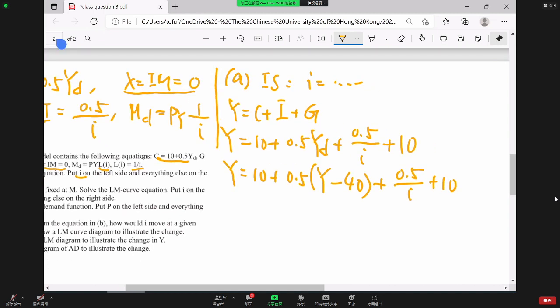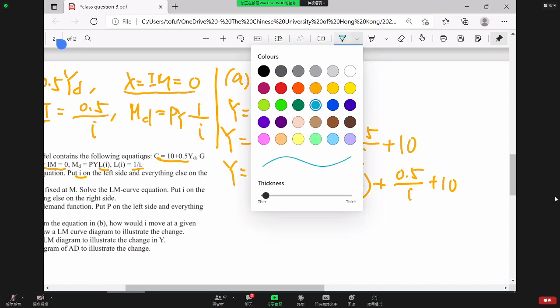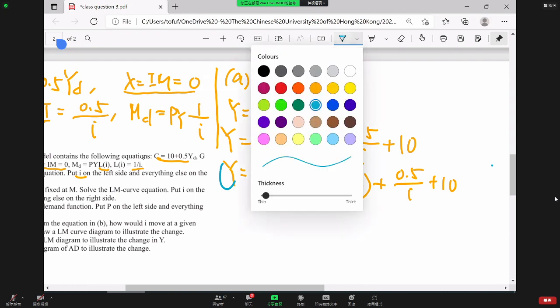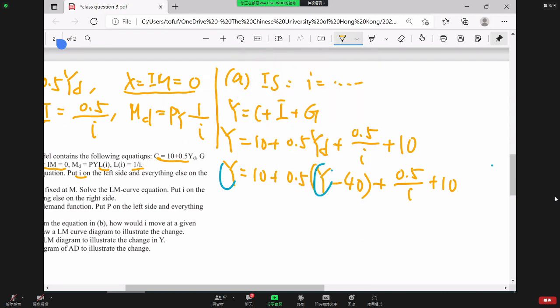Okay, this is the case, but you have to do further manipulation because both sides you have Y. Firstly, collect all the terms with Y. And for doing so, you are not suggested to jump steps, right? Because if you jump steps, you might make mistakes in the exam.